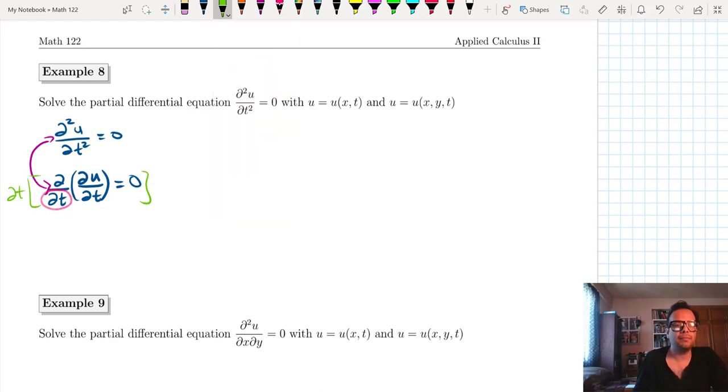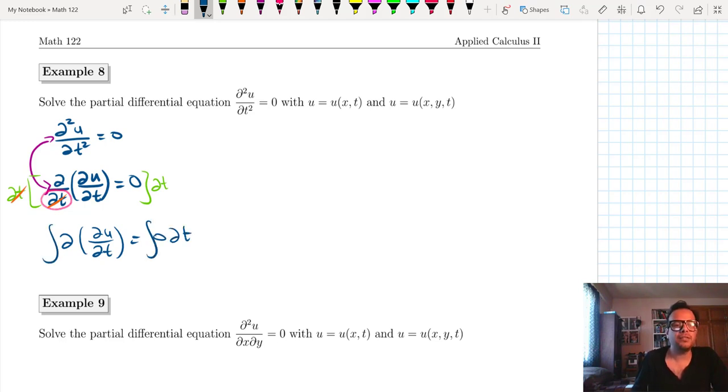Don't multiply by 0 yet, just the same way we did it earlier. Cancel dt with dt, and we get d partial u with respect to t equals 0 partial t.